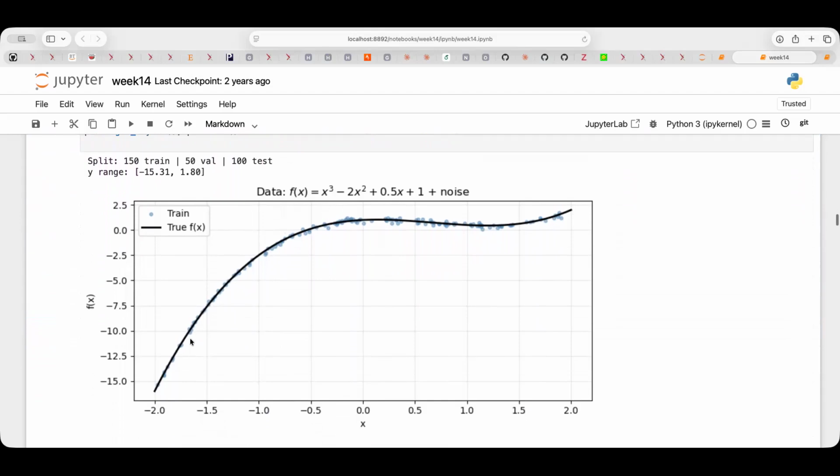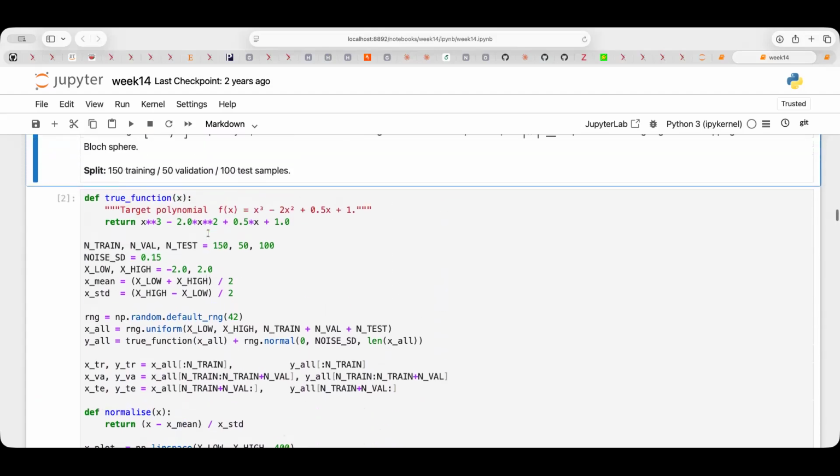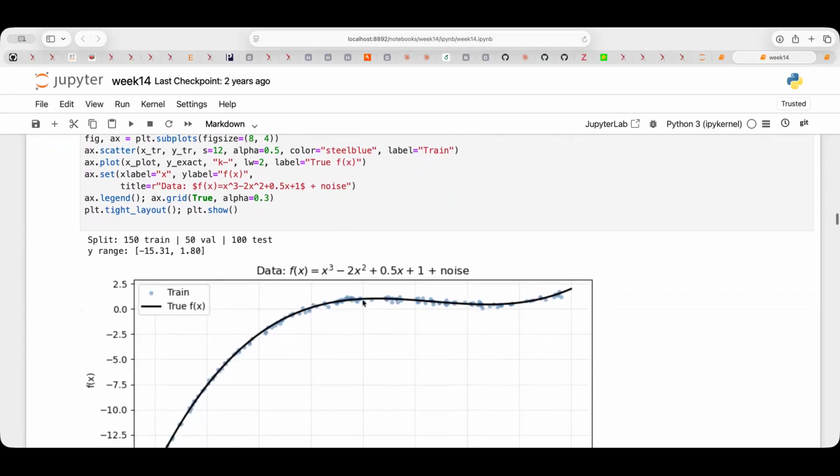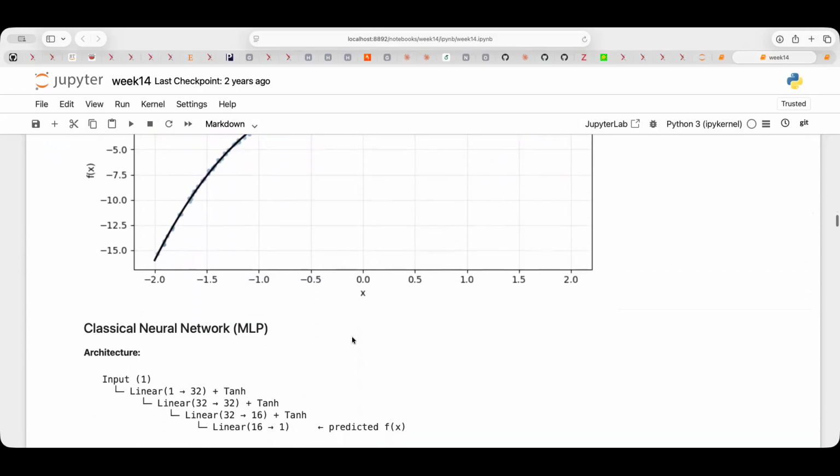This is the function without noise. And then my training data are the points which you see here, because I add some noise to it. The training points are what I use, because if you take the true f of x without noise, that is often also much simpler to train.